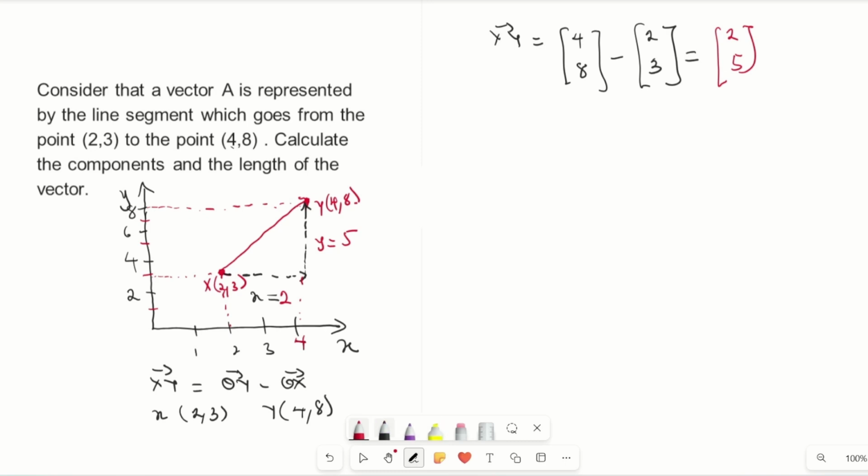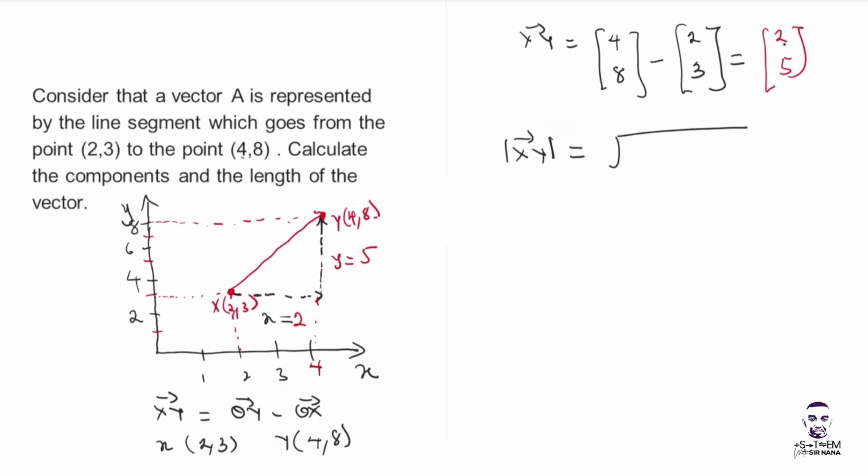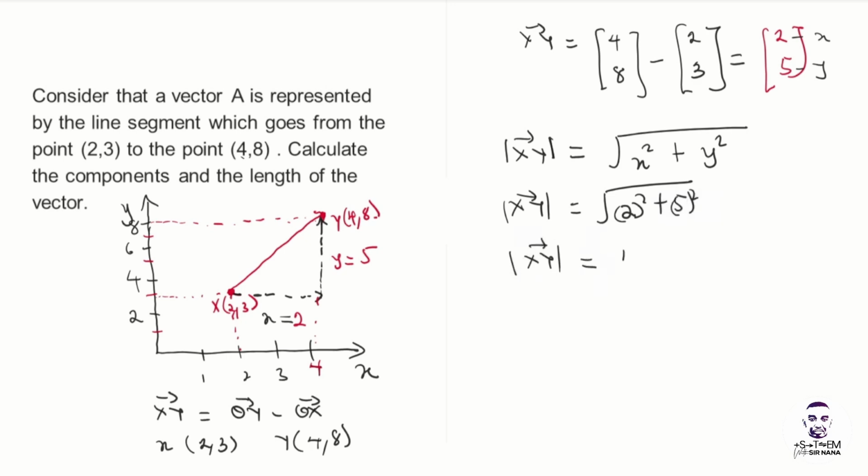And now we want to find the magnitude. The magnitude of xy, we put 2 lines by them to represent the magnitude. We know that that should be the square root of the x component squared plus the y component squared, based on the Pythagoras theorem that we looked at. So the magnitude of xy should be equal to the square root of 2 squared plus 5 squared. 2 squared gives us 4, and 5 squared gives us 25.